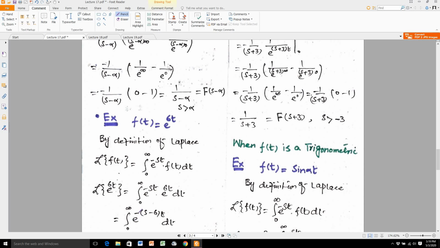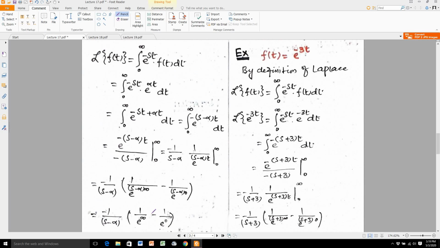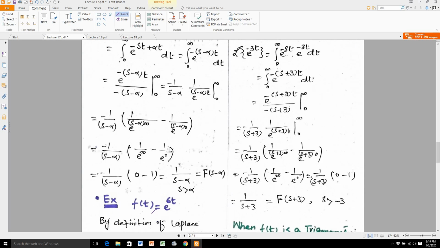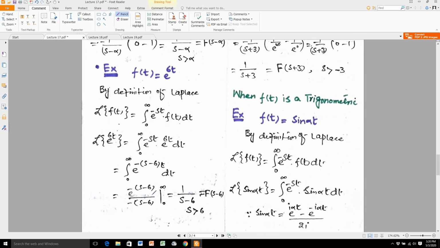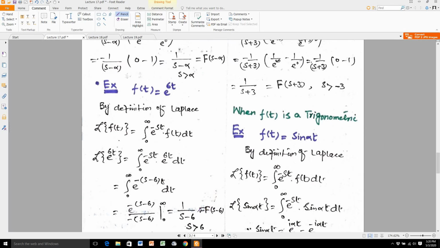So I am writing here e raised to the power minus (s minus 6)t. So our answer is, as you see in the previous general proof, e raised to the power minus st, other things remaining the same. At the place of alpha we have 6, so just substitute 6 at the place of alpha. So this is equal to F of s minus 6, where s is greater than 6.